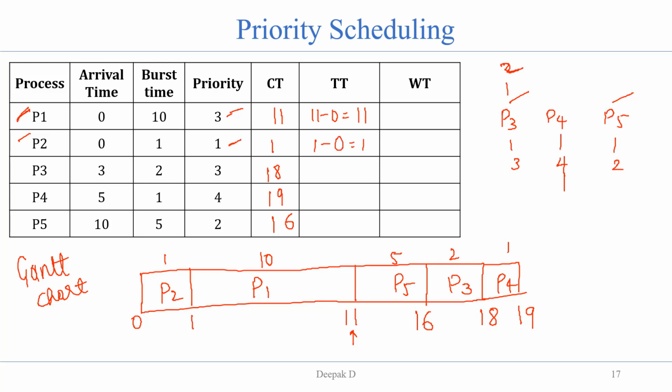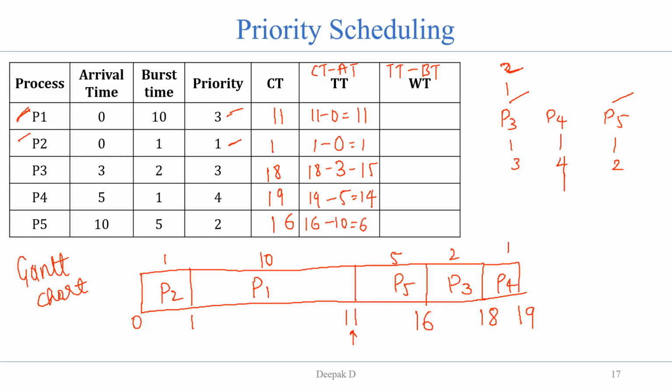You know the formula, that is turnaround time is CT minus AT, and WT, that is waiting time, is turnaround time minus burst time. So the next P3 is 18 minus 3, 15, 19 minus 5, 14, and the last is 16 minus 10, it is 6.